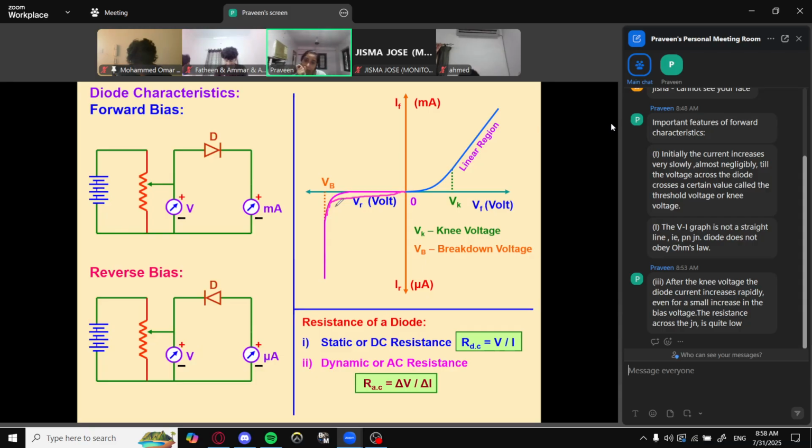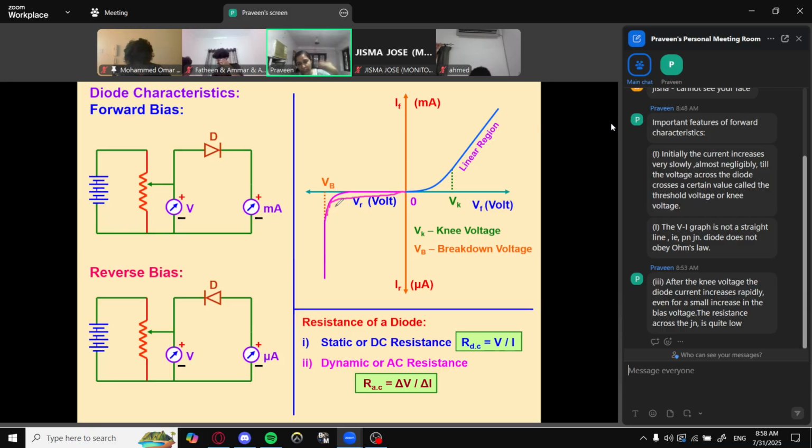You will realize that there is current present, which is due to minority charge carriers, but the current is very small and remains almost constant. Even though the bias voltage is increasing in the negative direction, the current is almost constant. This small current is called the reverse saturation current, and this current is due to minority charge carriers across this junction.